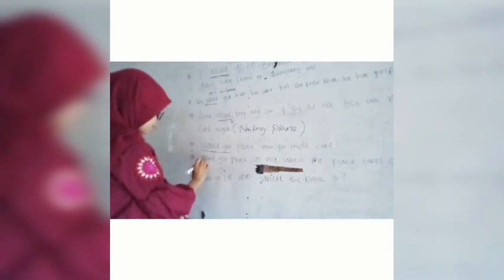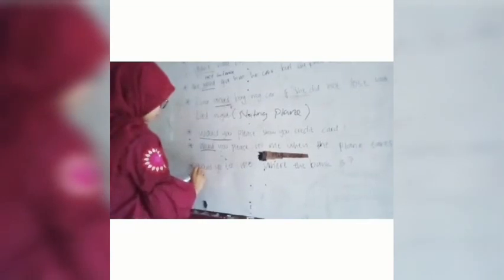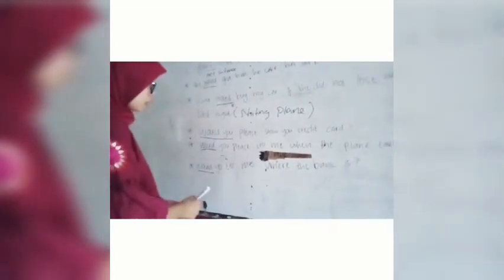I want to underline would. This is stating a request. And the last example is, would you tell me where the bank is? Underline the would because this is the stating of a request.